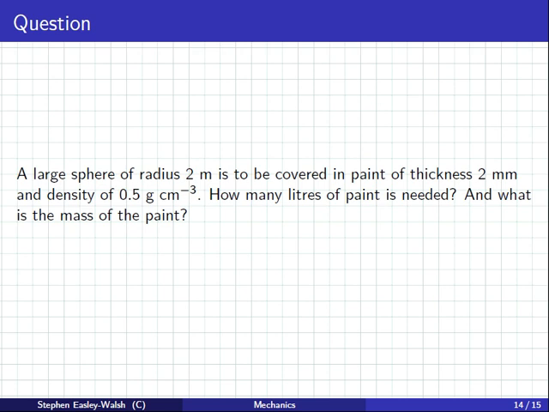Use 3.1415. But if you have a calculator, that's better. You can use... no, not 22 divided by 7. Not on this course. Why? It's not accurate enough.